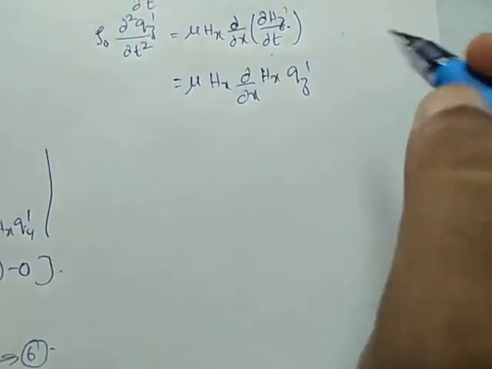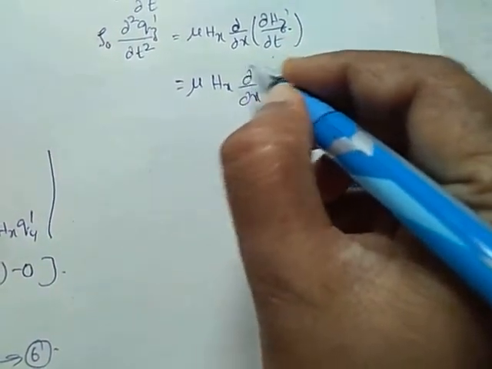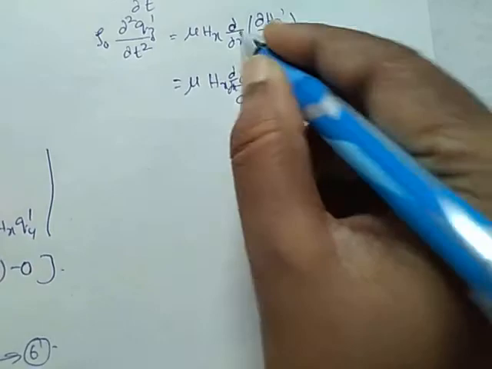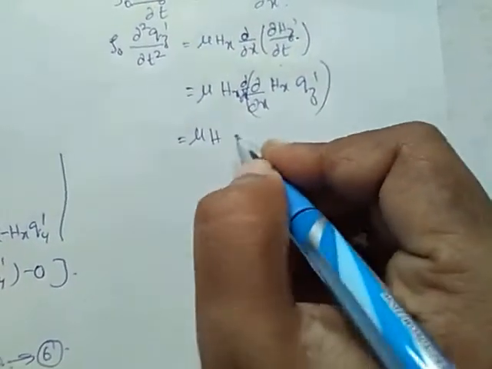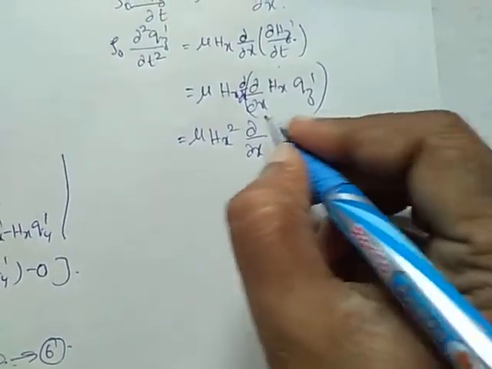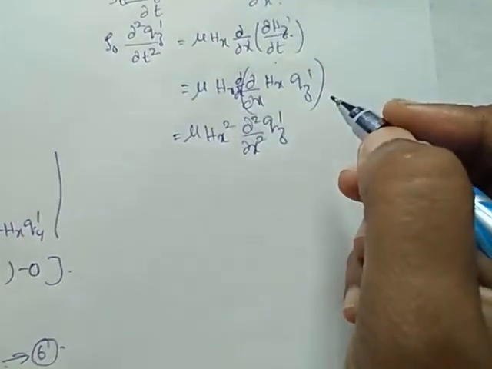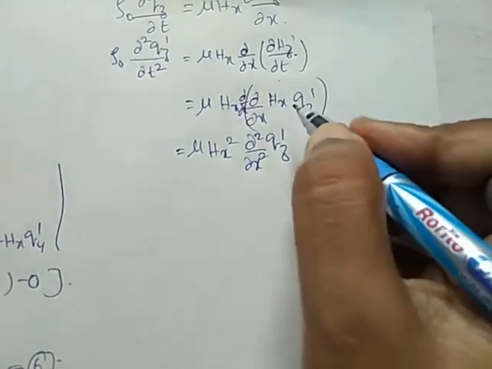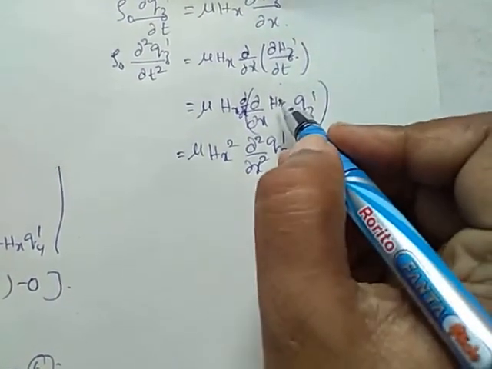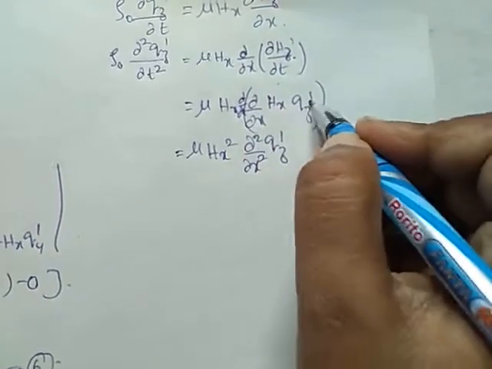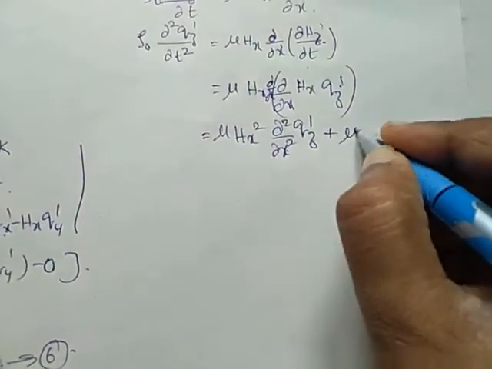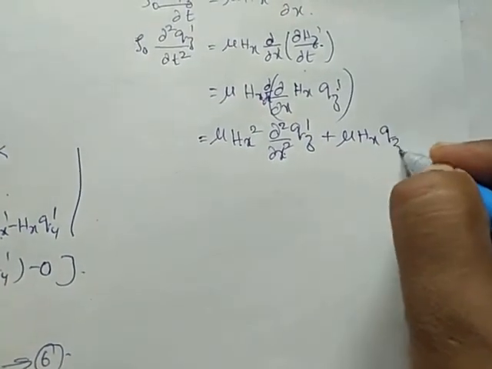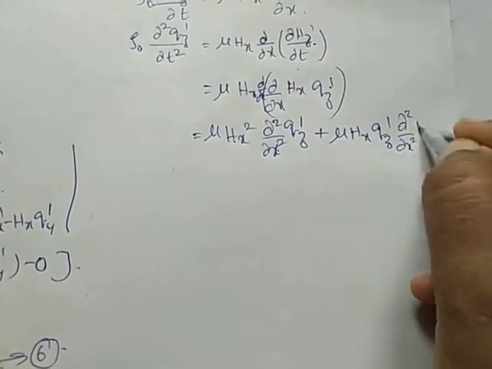Simplifying this, we can write it as mu Hx² ∂²q_z'/∂x², using the product rule, plus mu Hx q_z' ∂²Hx/∂x².